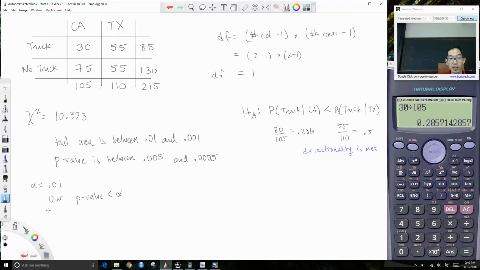And we would say our data provides evidence that people in California are less likely to own trucks than people in Texas.